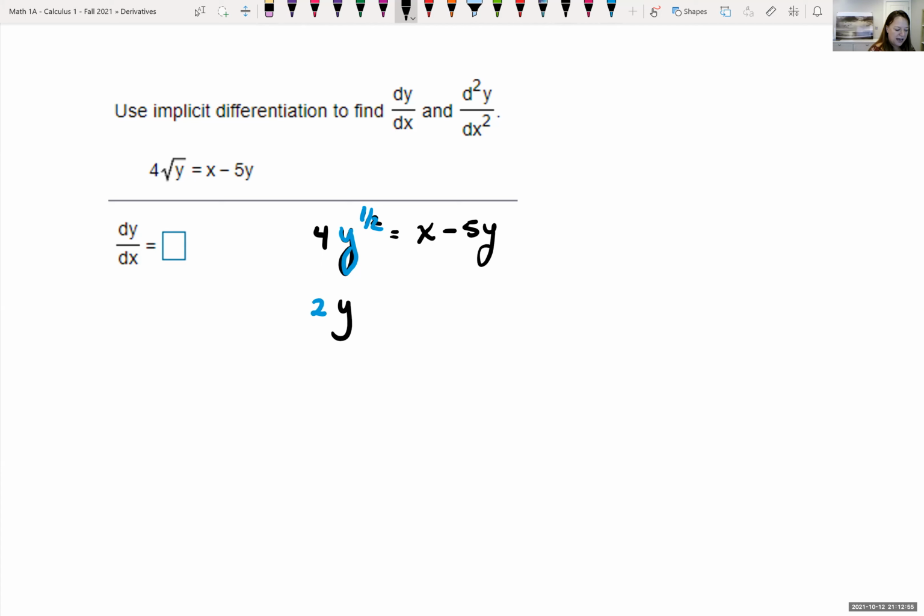So subtract 1 from 1/2, that gives me negative 1/2, times the derivative of the inside, so times dy/dx, equals, well, the derivative of x, there's no y there, so the derivative of x with respect to x is just 1, minus, now the derivative of 5y, that has a y in there, so the derivative of 5y is just 5, times the derivative of the inside, dy/dx.